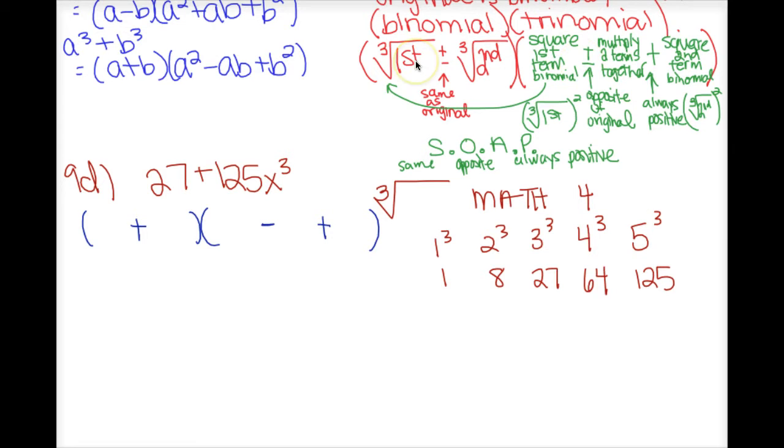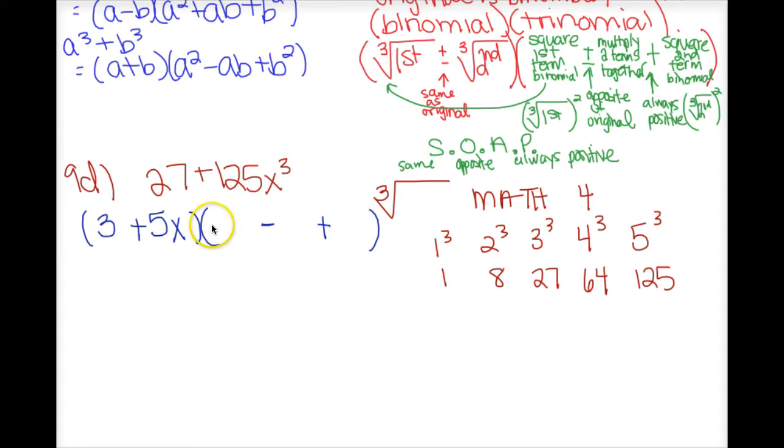First I take the cube root of the first term. The cube root of 27 is 3, because 3 times 3 times 3 gives you 27. The cube root of 125 is 5. The cube root of x cubed is x. So this is my binomial part. Both the cube roots are filled in.